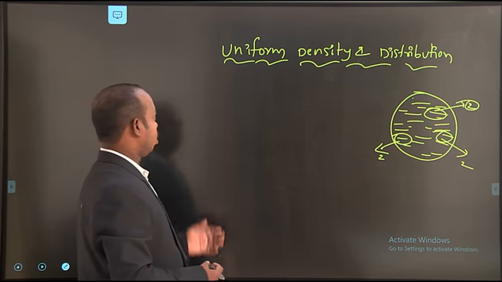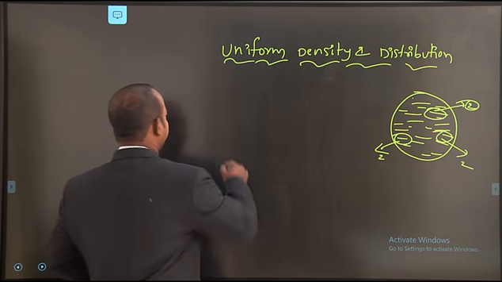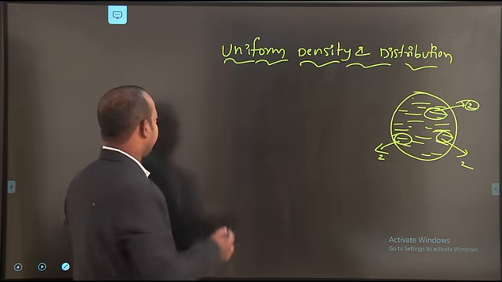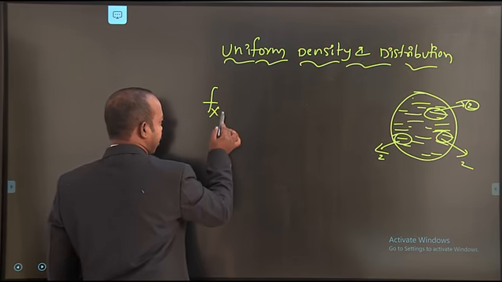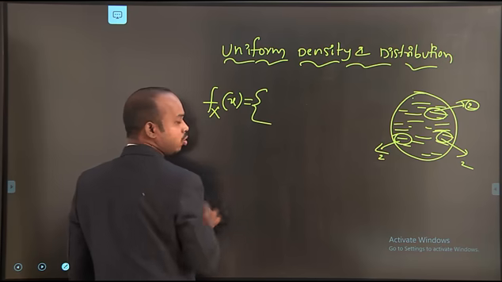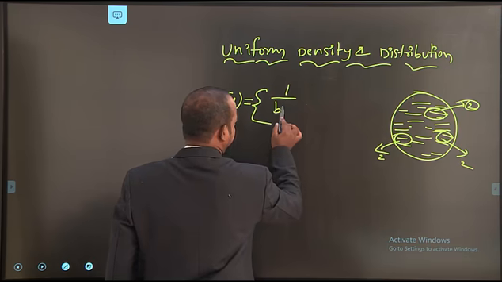Coming to our uniform density function. The density function we represent with small f suffix capital X of small x is equal to 1 divided by b minus a.